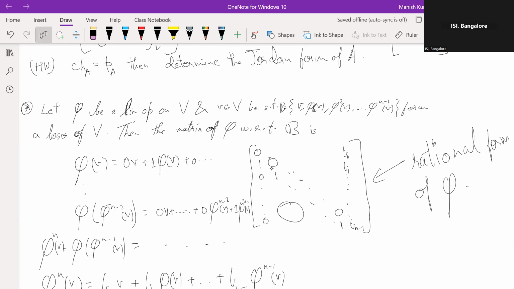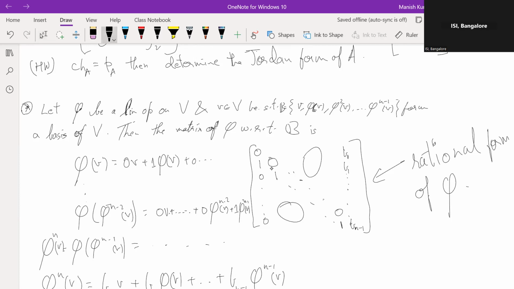Okay, so the idea of all this is to find a good basis, or a good decomposition of the vector space V into subspaces which are phi invariant. Okay, and which allows you to find blocks of bases and write basis vectors and so on. So if you find good basis vectors, then the matrix becomes simpler, and then it is easier to understand the linear operator in turn.